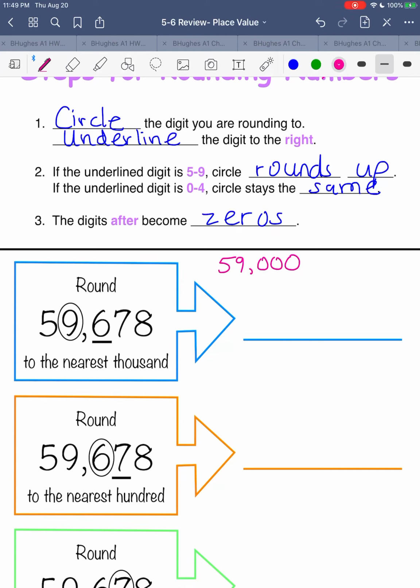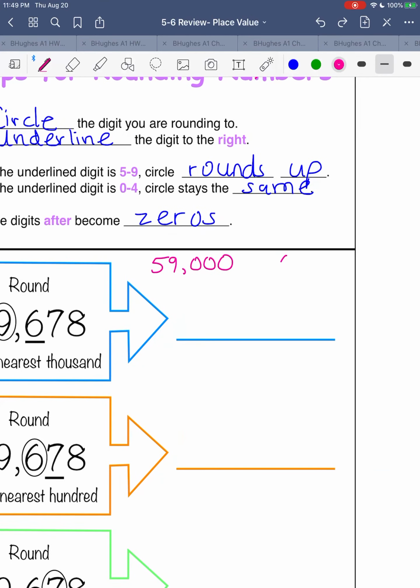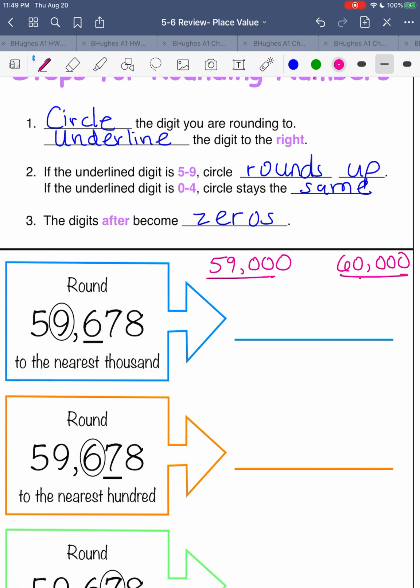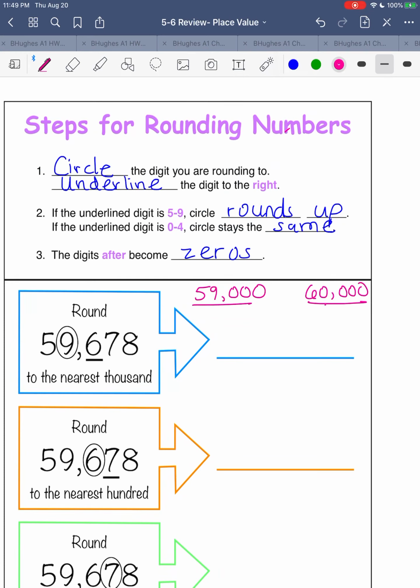Well, you should know that 59,000 is the last 1,000 that's in the 50,000 range, the 10,000s of 50,000. So if we go up another 1,000, it's going to make this whole thing go up, and it's going to round to 60,000. So these are our only 2 choices.